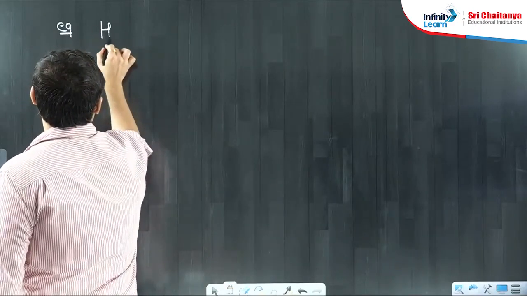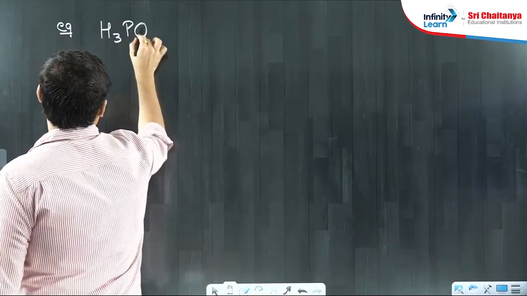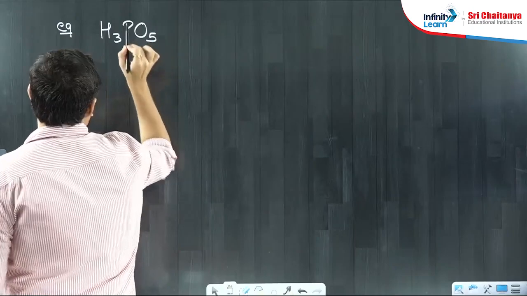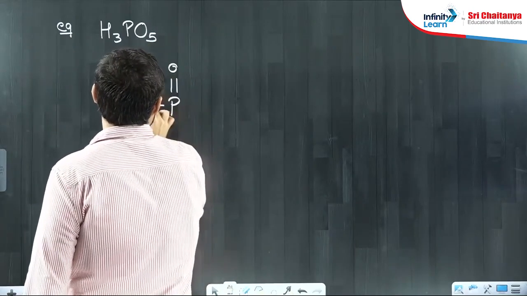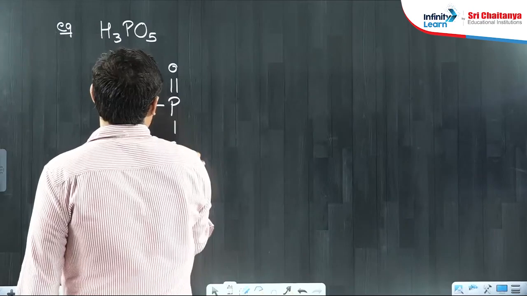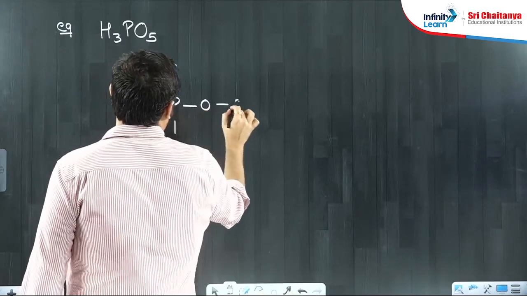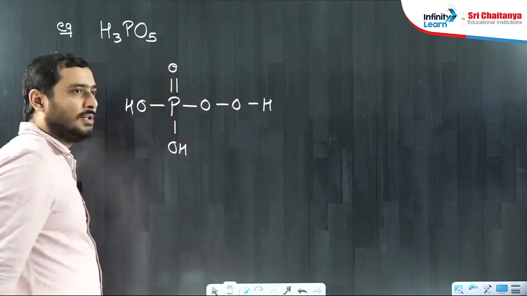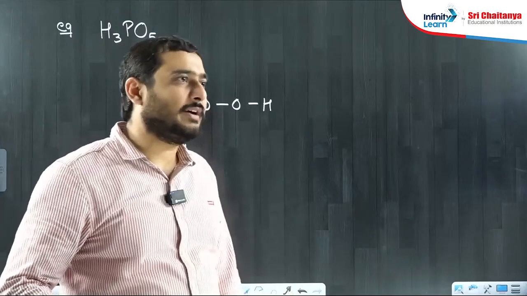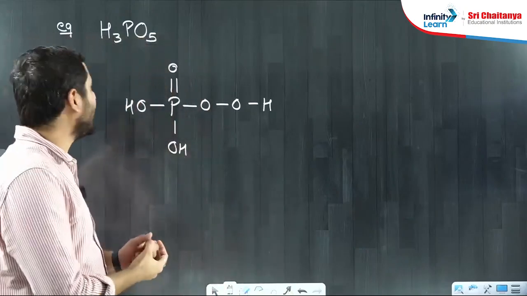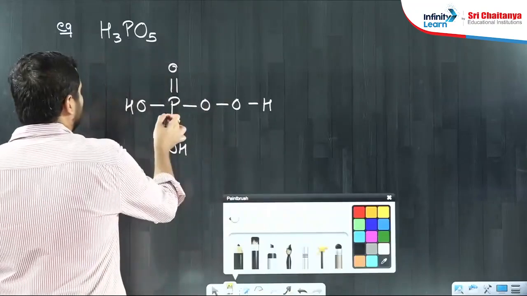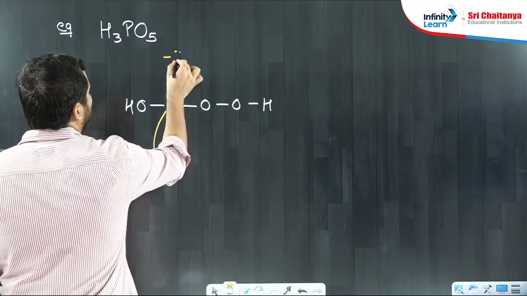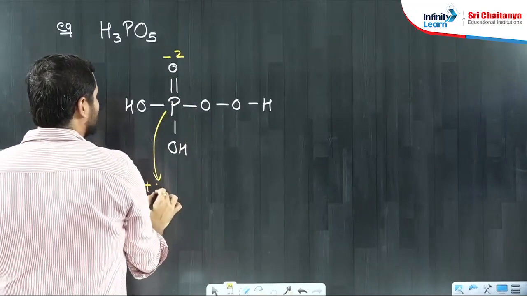The next example is H3PO5. Phosphorus, double bond oxygen, OH, OH, oxygen, oxygen, hydrogen. So for phosphorus, what is the oxidation state? Try to solve. Oxygen is -2 because a double bond is present, +2.